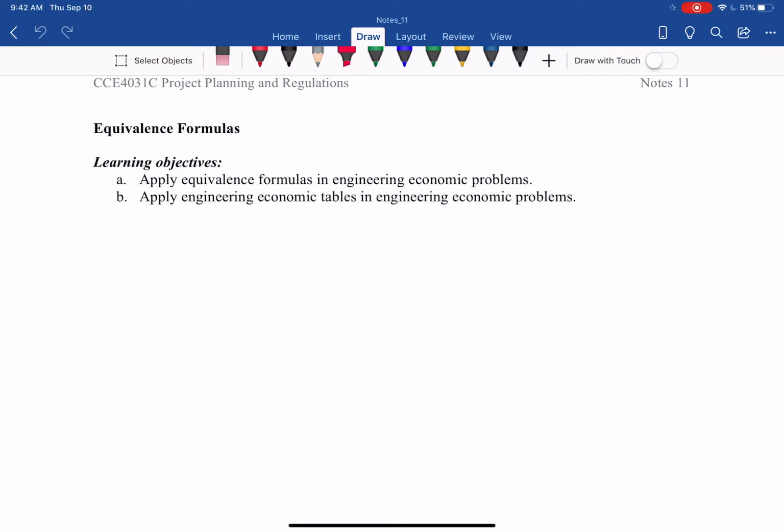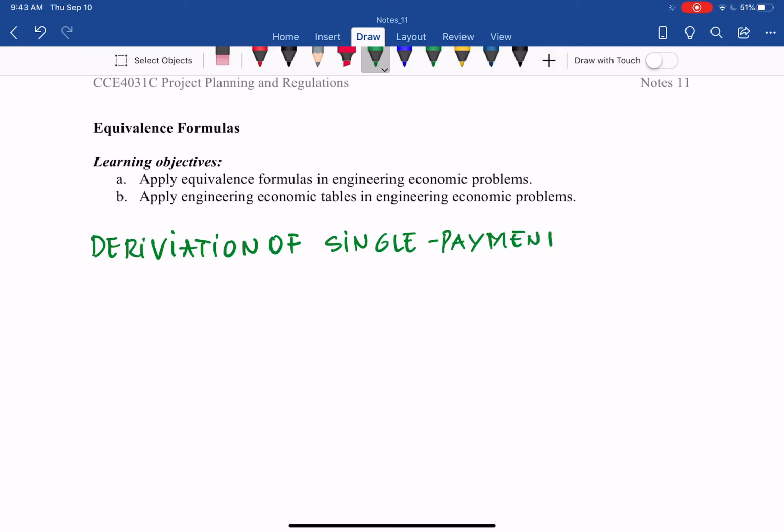So the first equivalence equation that we want to determine is the derivation of the single payment factors.